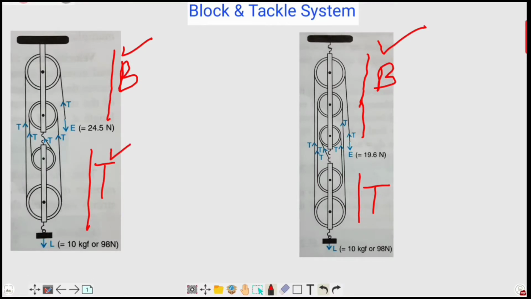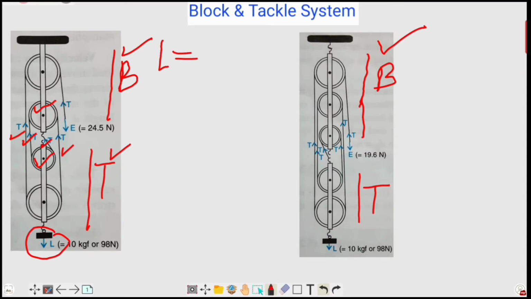Now, when the number of pulleys in the block as well as the tackle is the same, how is the string moving? See, from the last pulley of the block to the first pulley of the tackle. When you look at the load, it is supported by 1, 2, 3, 4 strings, 4 segments of the string.